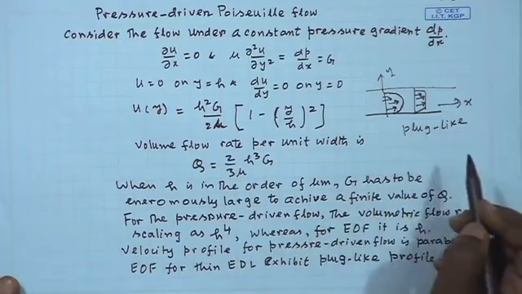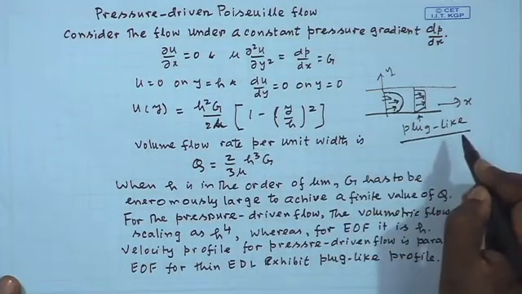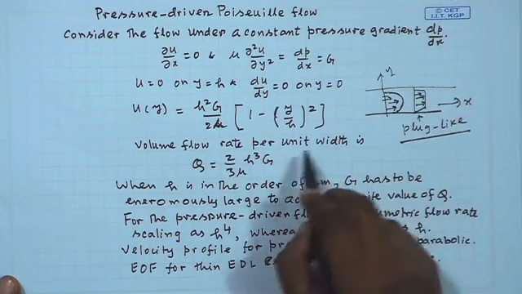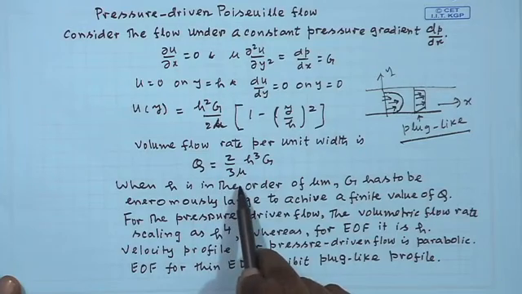Now, another very important characteristic is the volume flow rate per unit width for the Poiseuille flow.